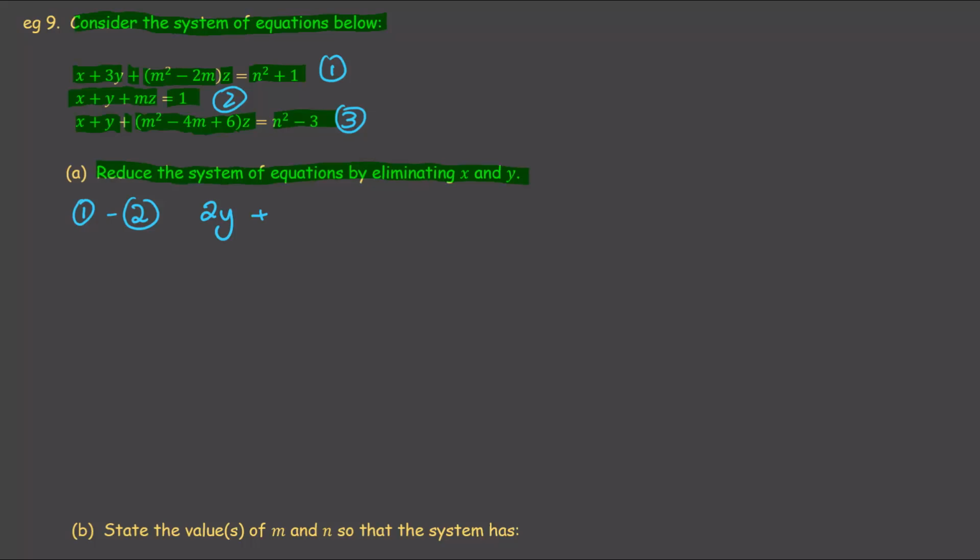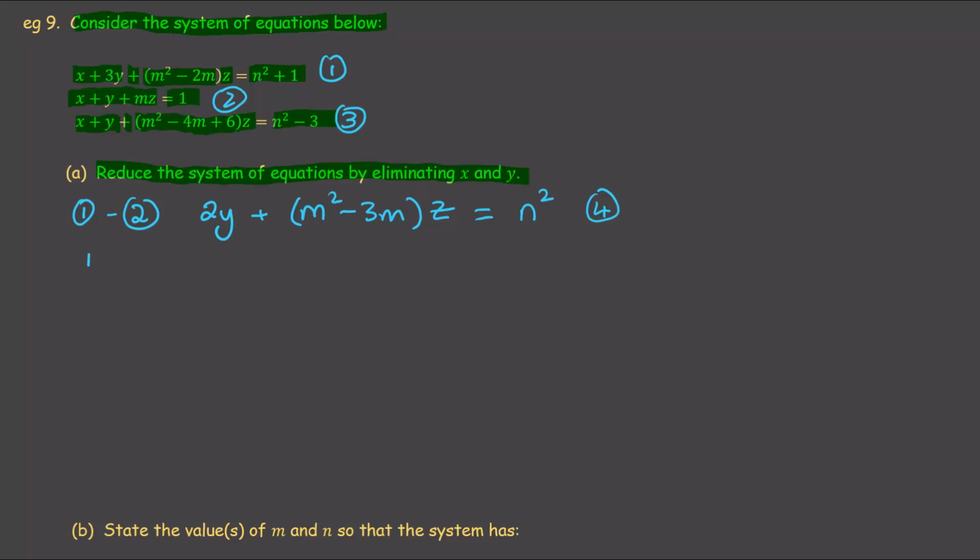And then I've got m squared minus 2mz take away mz. That's going to give me m squared minus 3mz. And that is going to be equal to n squared plus 1 take away 1, which is n squared. Let's call that one equation 4.